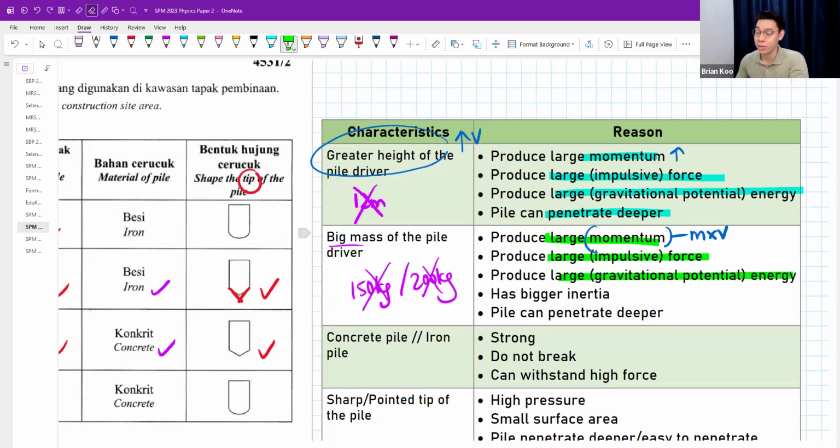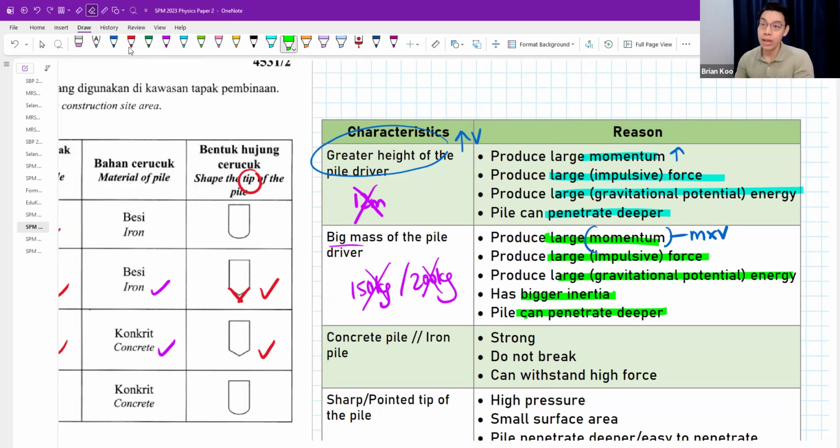Greater mass also got more inertia. You'll fall down, and it's harder to stop the motion. It will keep wanting to fall down, so it will hit with a greater force because there's very great inertia, and it will hit very hard. If you don't know what to say, you can also say power can penetrate deeper. Any one of the reason already correct.